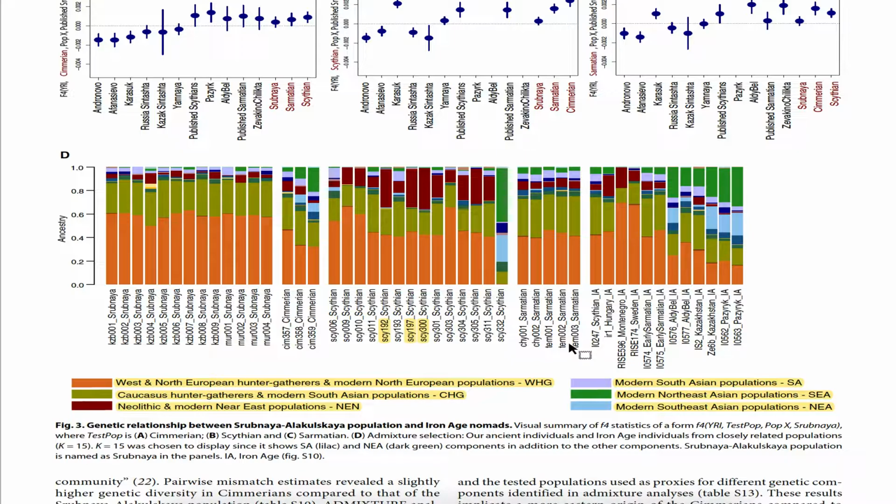But you can see the admix of Neolithic and modern Near East populations. In the Caucasus, hunter-gatherers and modern South Asian population admix. You see the admix in them.